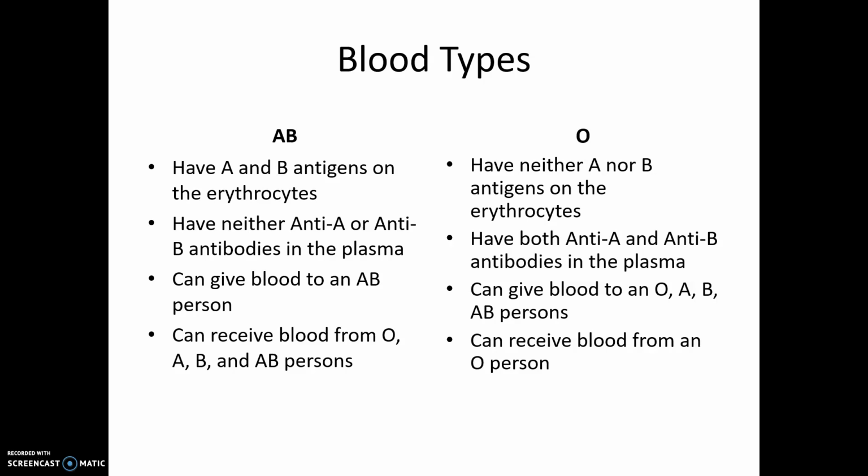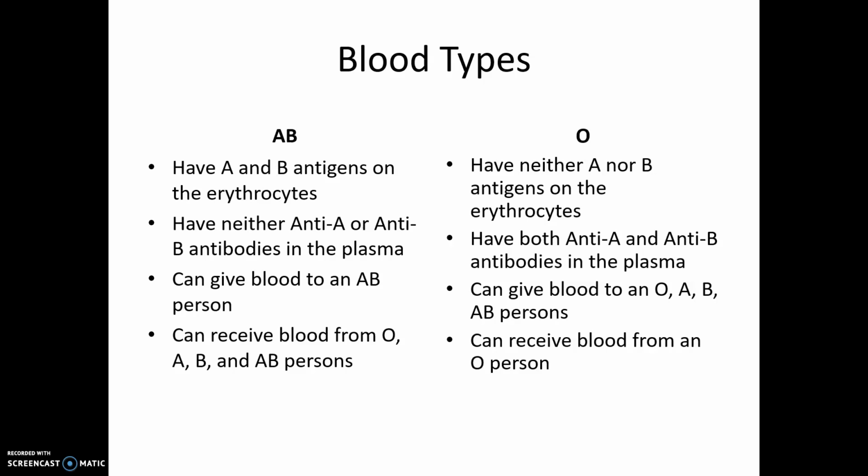AB is kind of tricky. They can give blood to a person who is AB and AB only, but they can receive blood from everybody: an O person, an A person, a B person, and an AB person. That happens because they don't have any antibodies that are going to attack any of the types of blood. That's what makes them the universal receiver, meaning they can accept blood from anybody.